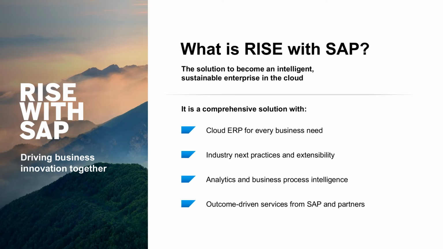Then we include analytics and business process intelligence with continuous insight from SAP Signavio. And then we provide a guided journey and outcomes-driven services from SAP and you, our partners. RISE with SAP is the solution to become an intelligent, sustainable enterprise in the cloud. Let's explain the value on the next pages in more detail.